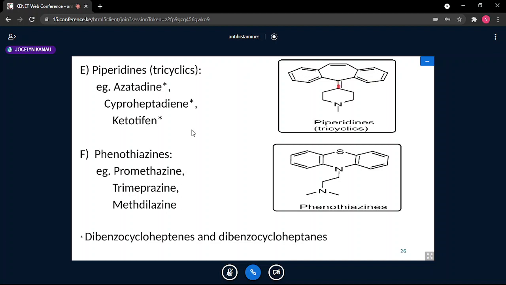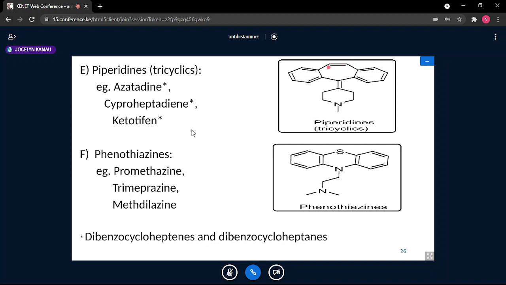So indeed, they more resemble the unsaturated propyl derivatives. If you look at this connecting ring here, you can see it is 1, 2, 3, 4, 5, 6, 7. It has 7 members, so it's either a cycloheptene or a cycloheptane.